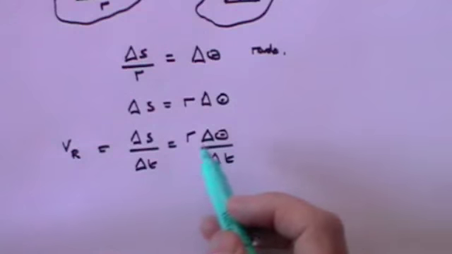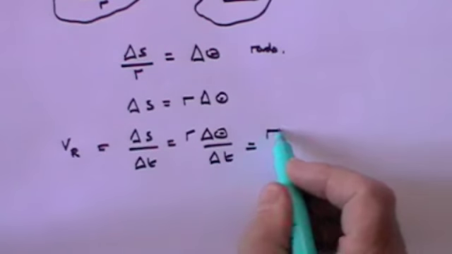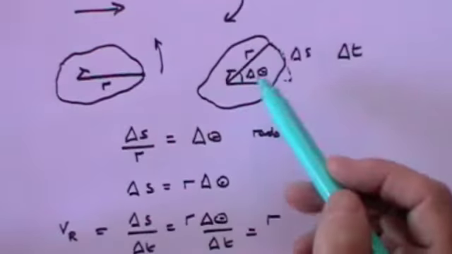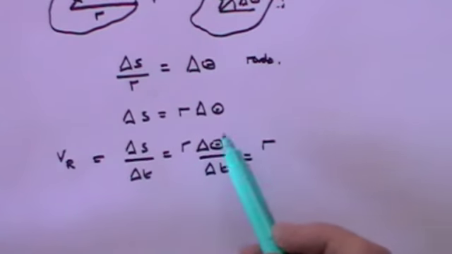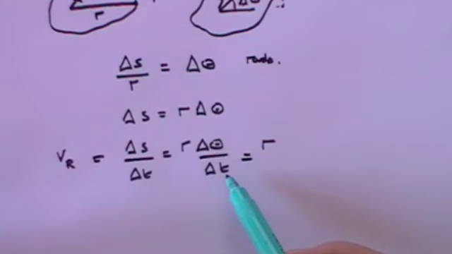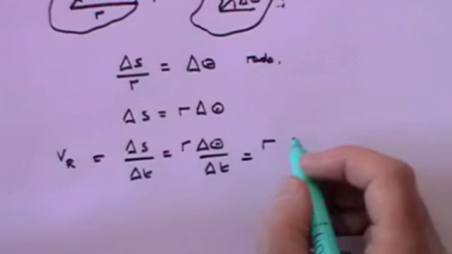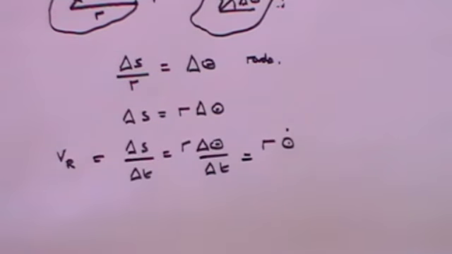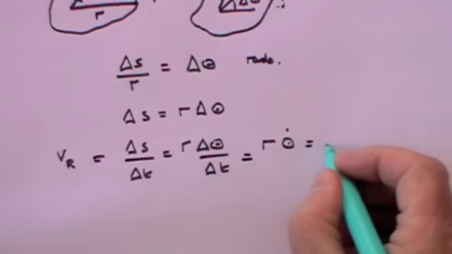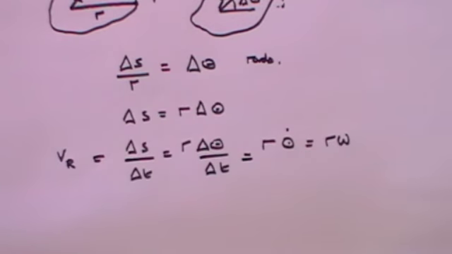What about this side of the equation? Well, that's r. Little r, remember, is the radius, times delta theta by delta t. That is theta dot. And we give that a new term, we call that omega, where omega is the angular velocity.